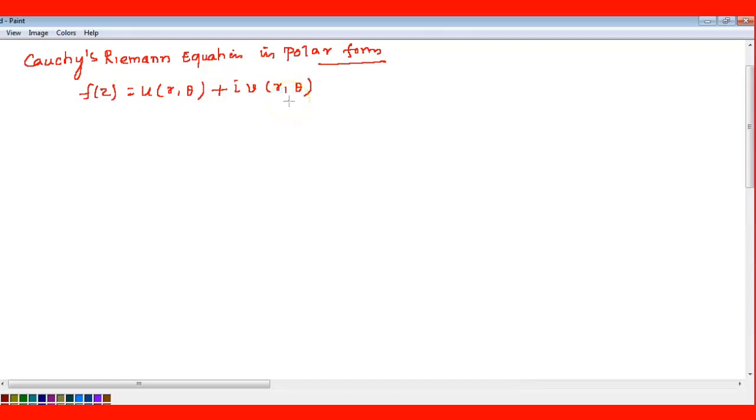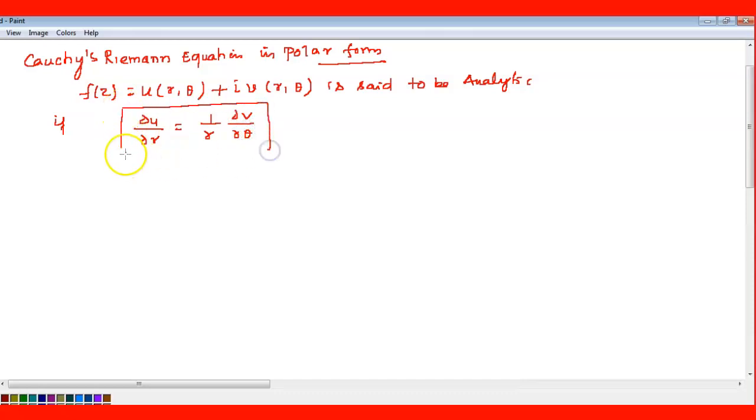It is said to be analytic if this condition holds: del u by del r is equal to 1 upon r del v by del theta, and del v by del r is equal to minus 1 upon r del u by del theta.